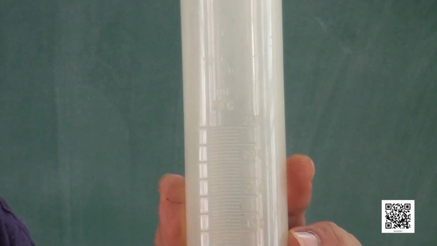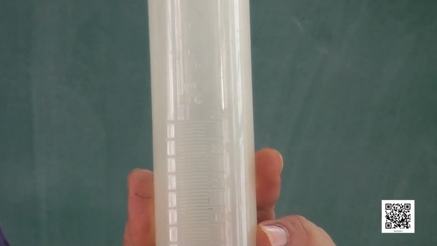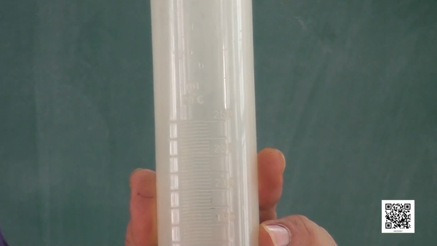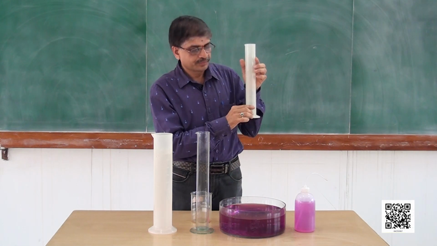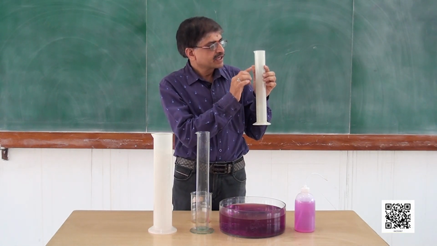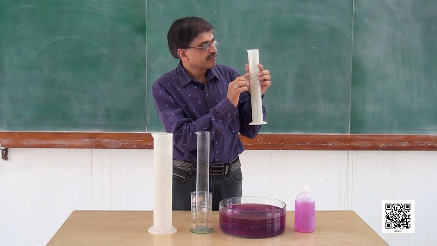Let us try one more way of adding up to 1 liter. Children, observe carefully here. This is a 250 milliliters measuring cylinder. We now fill this 250 milliliters measuring cylinder with water.